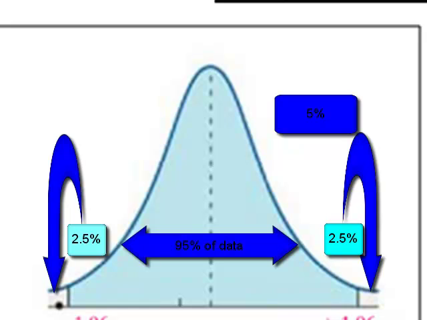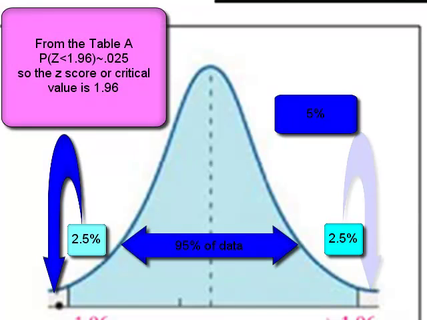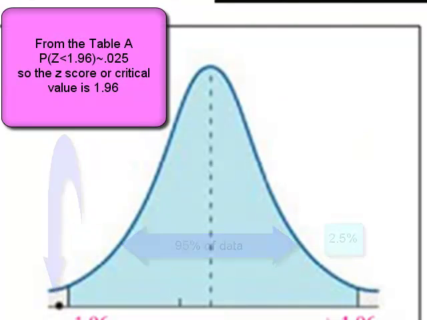So each of those non-blue areas is 0.025, or 2.5%, because both of those together would give you a remaining 5%. So now I can find the Z number that goes with 0.025, and that's where we got the 1.96.